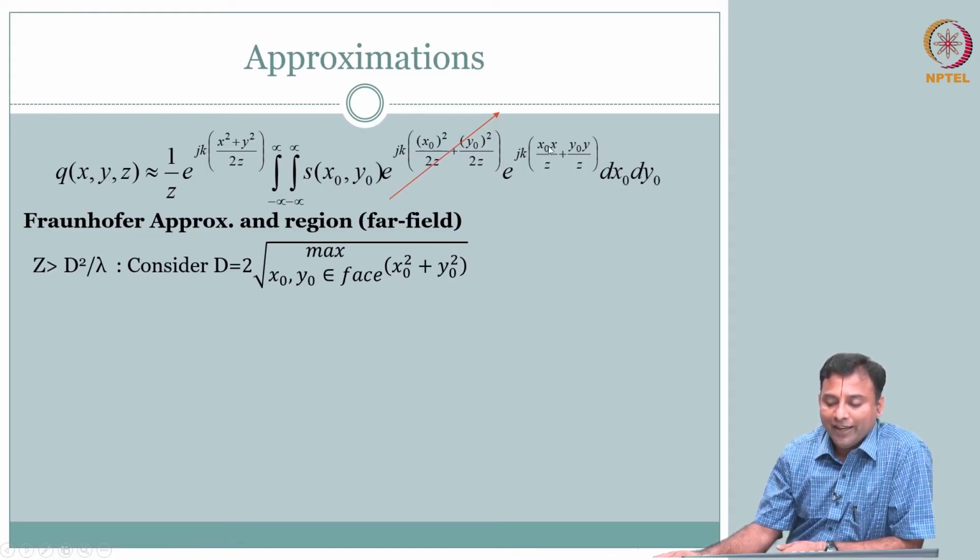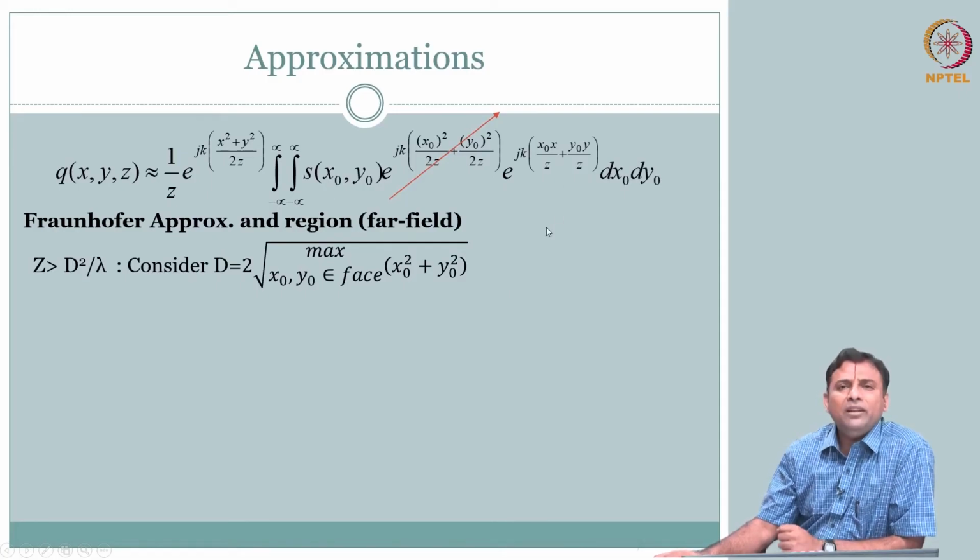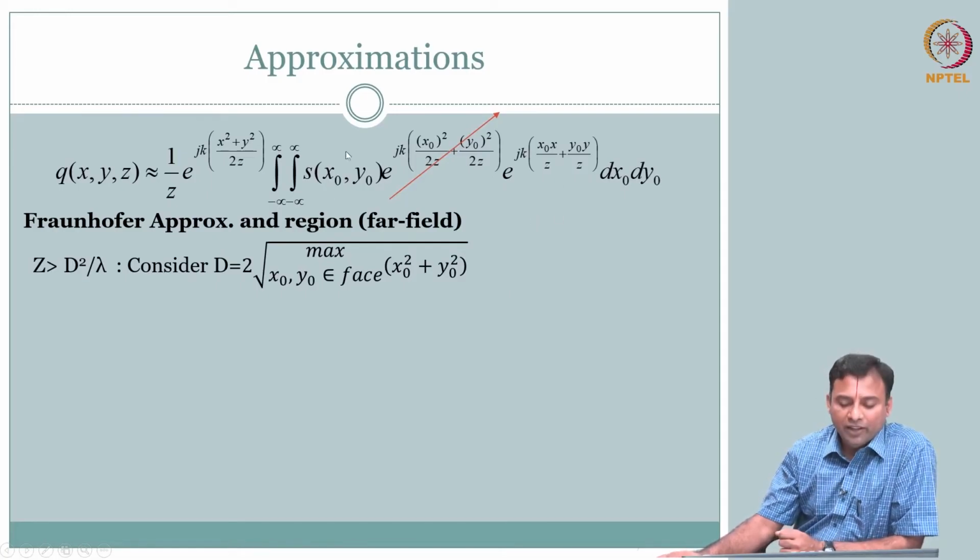So this 2 pi by lambda is j 2 pi, and this lambda can go in, so j 2 pi, x by z lambda, y by z lambda. Doesn't this look very familiar to you? We have done this several times.